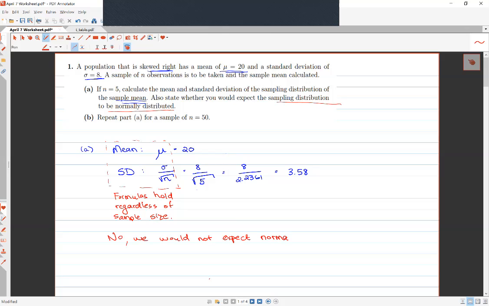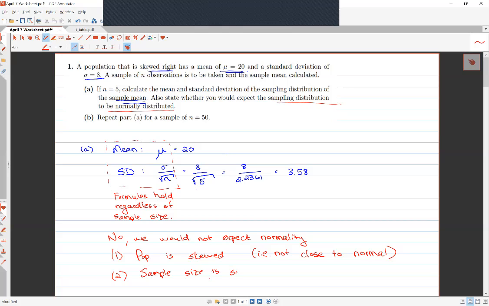And the reason for that is twofold. Firstly, the population is skewed. In other words, it's not close to a normal distribution. That's the one condition under which we would have normality. And secondly, the sample size is small.